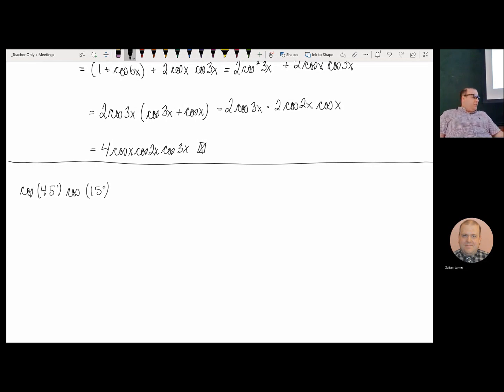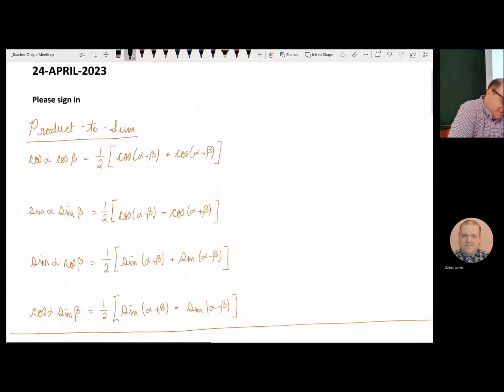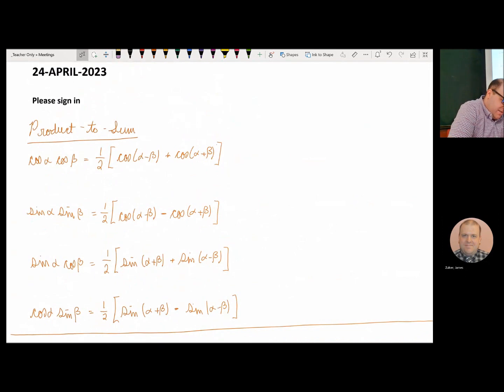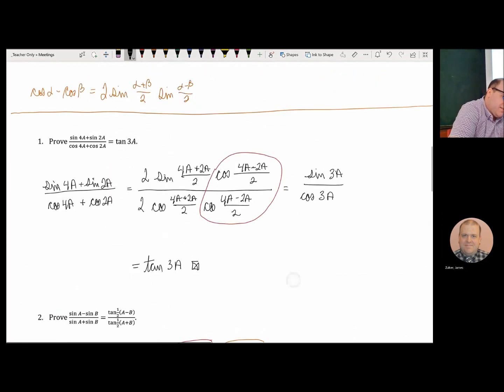So let's try product to sum. The 1/2 times, remember it. Okay. Cosine of their difference. Is it plus?